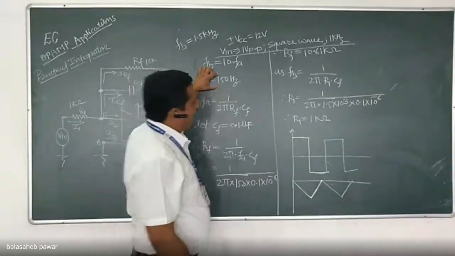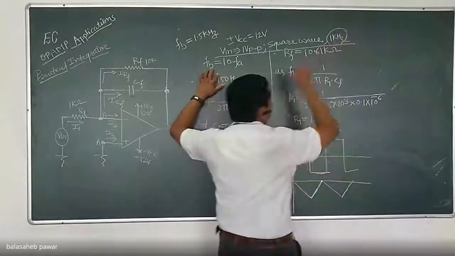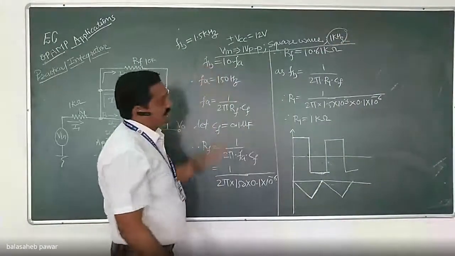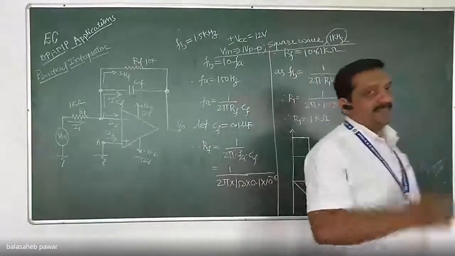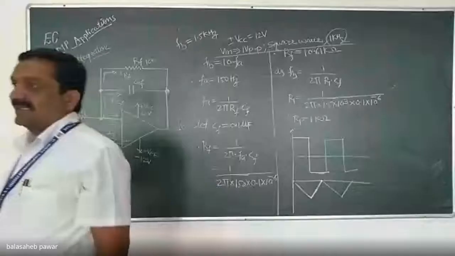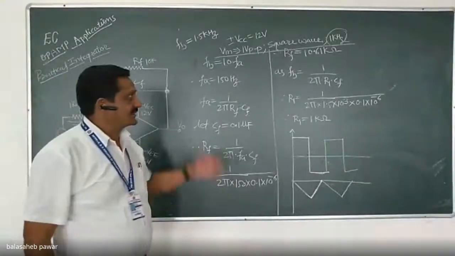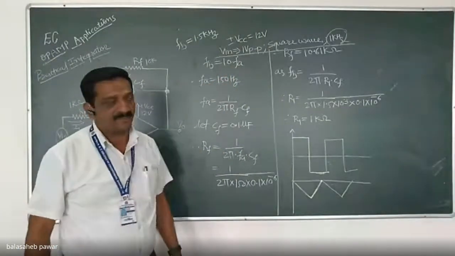We are applying an input signal of 1 kilohertz, that means the applied input frequency lies between the range of fa to fb. And that's why we can say that the circuitry will work as an integrator, because the applied input signal frequency is 1 kHz.